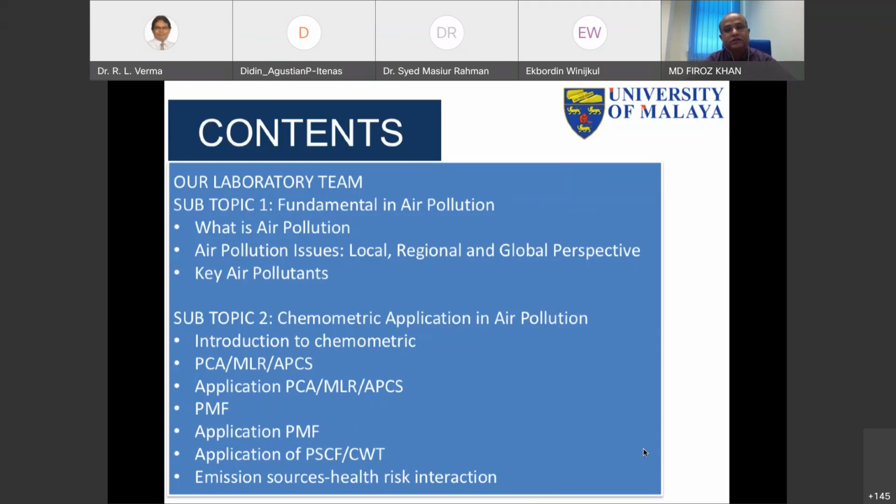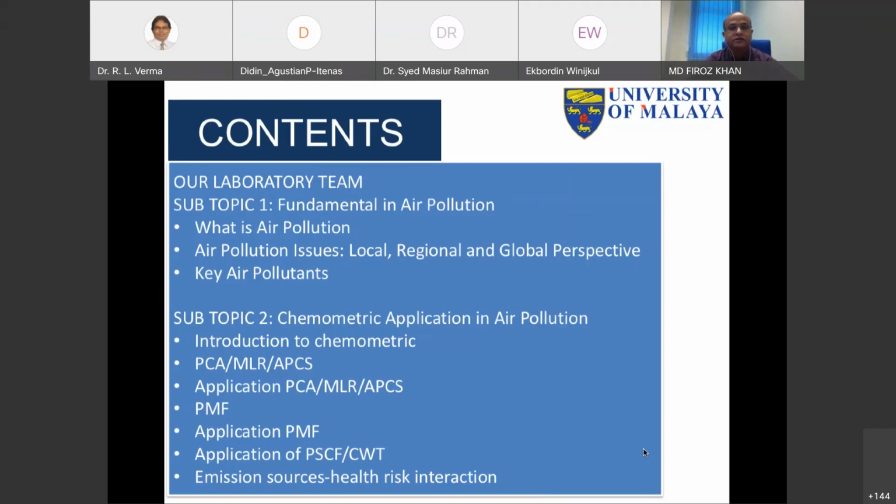In the last two slides, I will explain how the sources identified by chemometrics or receptor models can be integrated with two statistical functions, PSCF and CWT, which help us know their source regions.